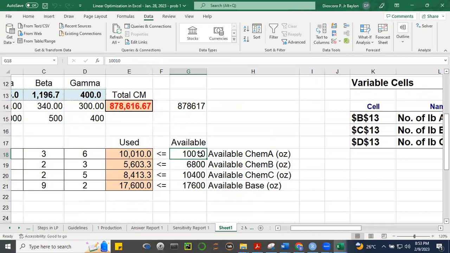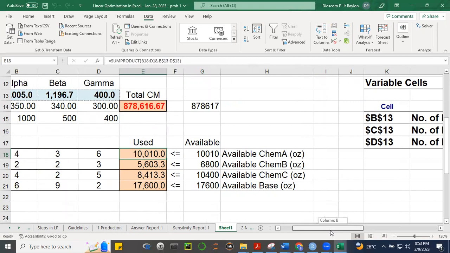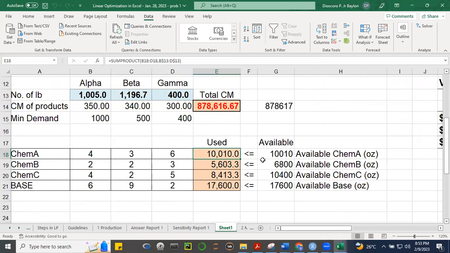Okay? Alright. Pero dito, okay, binding pa rin siya, no? Ubus pa rin, inubos pa rin niya yung chemical A. So, it did not reach a point where beyond the range of feasibility, naging hindi na binding si chemical A. Chemical A is still binding. Okay? Alpha is now not binding.